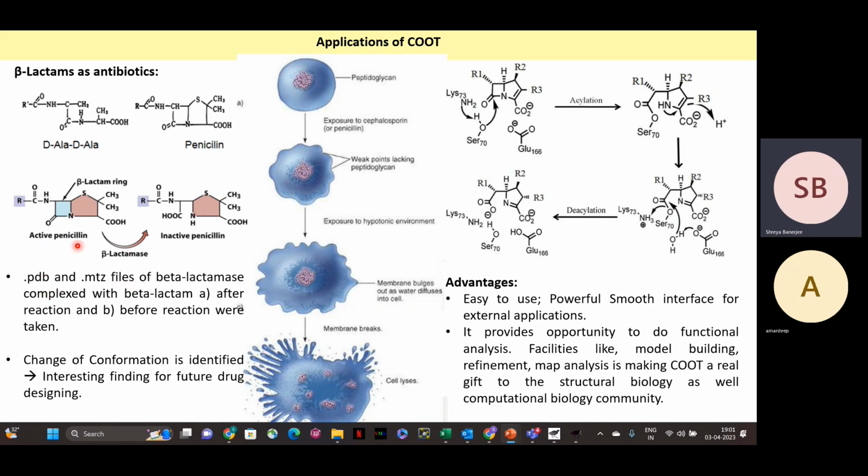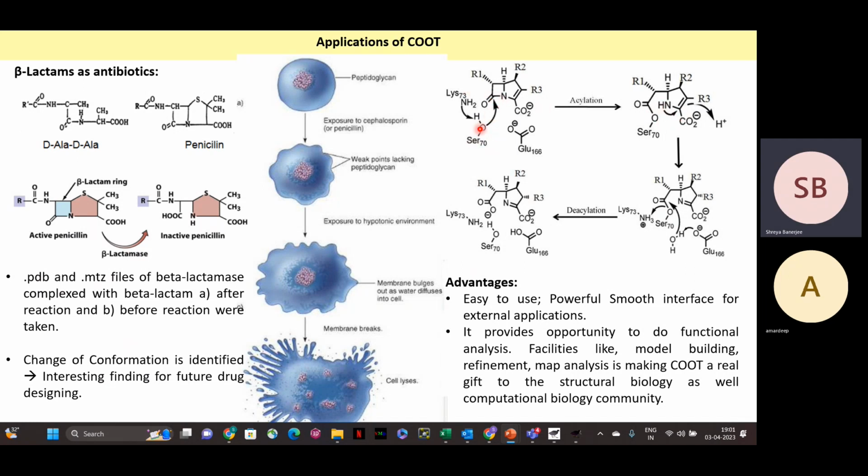So what was done is that the PDB and MTZ files of the beta lactamase complexed with the beta lactam before this reaction and after this reaction were taken. And the change of conformation was identified using Coot. If you study the change of conformation, this mechanism was found where initially this serine OH is attacking the amide CO, and this amide bond is breaking open.